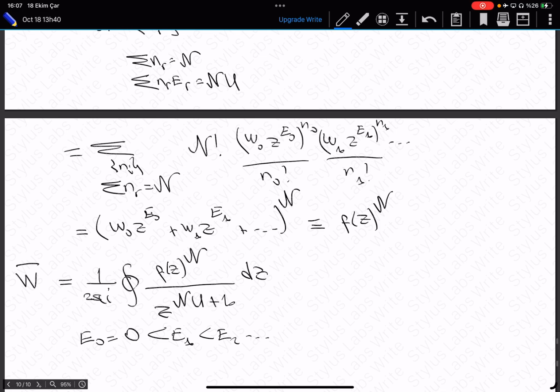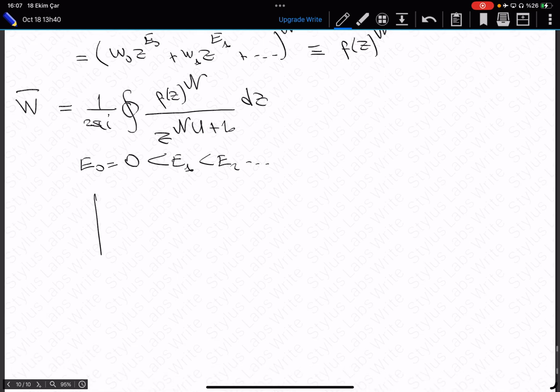On the other hand, if you look at 1 over z to the nu plus 1, it diverges. Schematically, along this real axis, f(z) starts from 1 and increases very fast, whereas 1 over z to the nu plus 1 starts from infinity and then goes to 0.